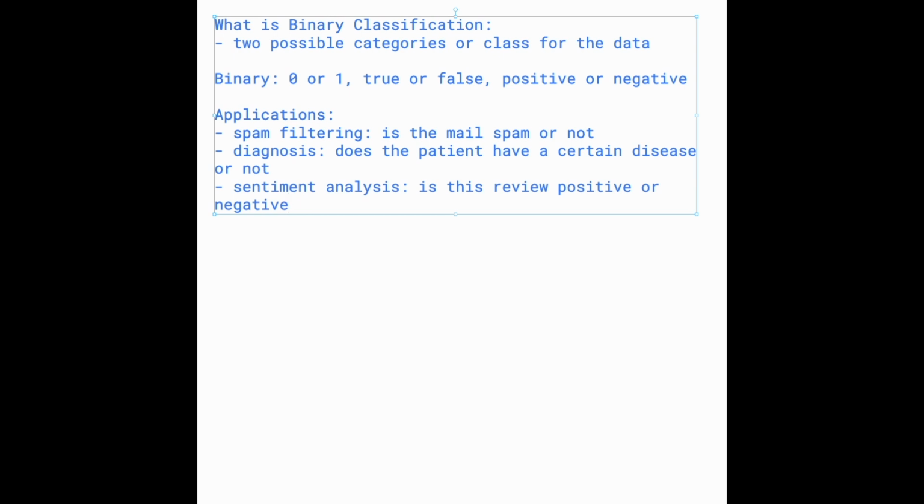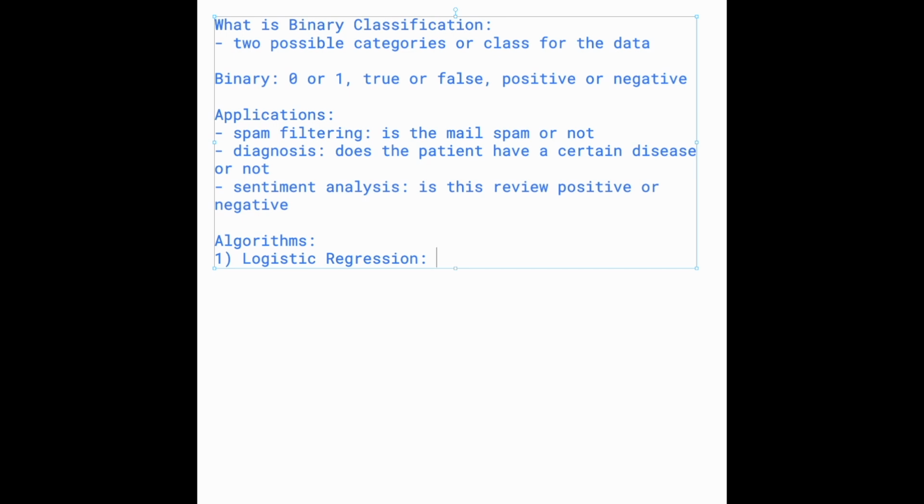And there's a bunch of algorithms we can use for binary classification. I won't go into depth on what each of them are, but I'll explain briefly. First we have logistic regression, which is a very common form for binary classification.